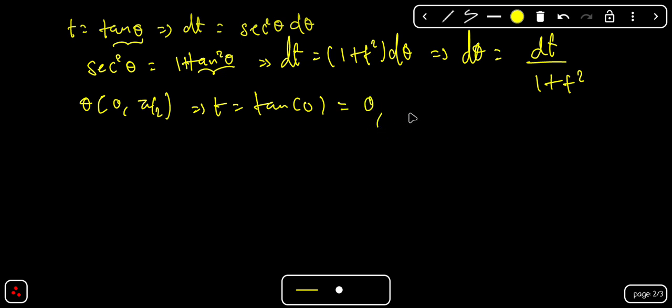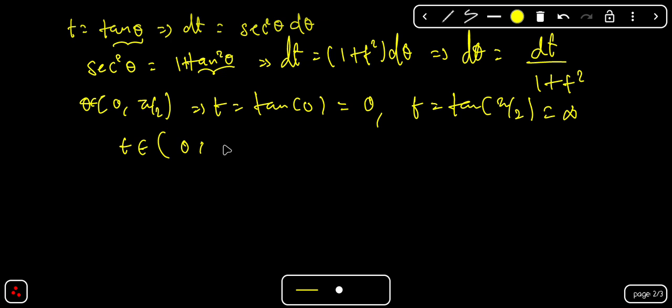Okay, and then when theta is pi over 2, we have t is equal to tan pi over 2, which is going to give us infinity. Okay, so the limit for t is now from 0 to infinity. Okay, so now let's write the integral. So we are going to have the integral from 0 to infinity.